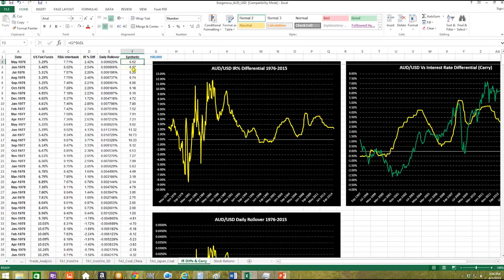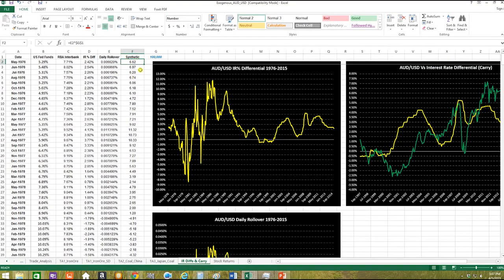So what we are seeing here in the synthetic rollover is the amount that we receive or pay per day due to the interest rate differential. And here we can see that in May 76, due to the interest rate differential of 2.42%, we're paying spot 0.06662% or receiving spot 0.0662% per day.